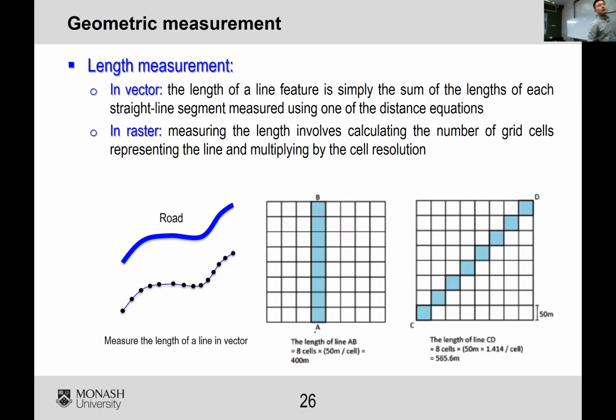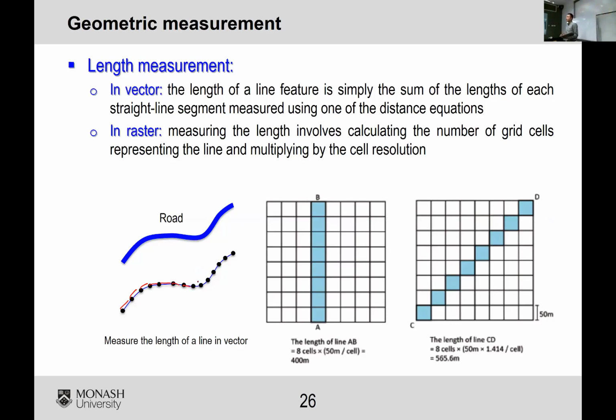Now the measurement of length is also different with raster and vector data. You can imagine it's very simple if we want to get the length of a polyline: it's basically the sum of the lengths of the different line segments.